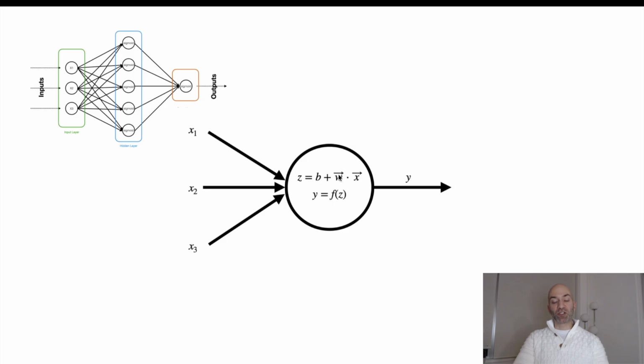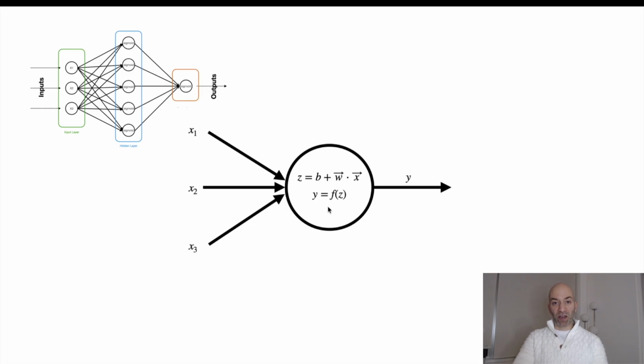So the weights simply control the relative strength of the signals coming in via the inputs. Now added to this is a bias term for the neuron, and that's just represented by this B term. So we have this calculation, this is the first step, and then we pass Z through this function called F. And F is called an activation function.